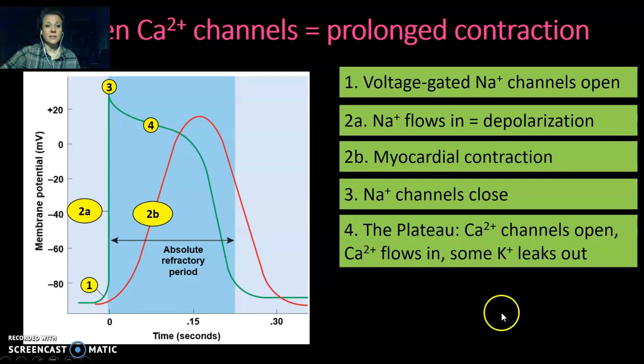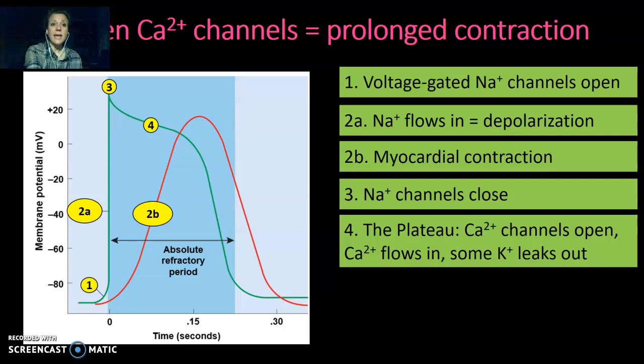But what happens at number 4 is something a little bit different. We have our calcium channels that are going to open, and calcium is going to start flowing in while potassium is going to start flowing out. So again, we've got this plateau here because we have an exchange of two positively charged ions.